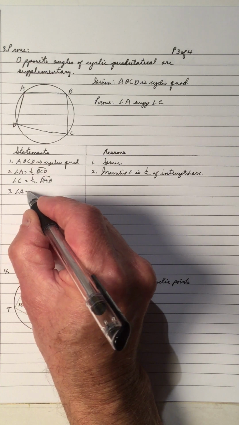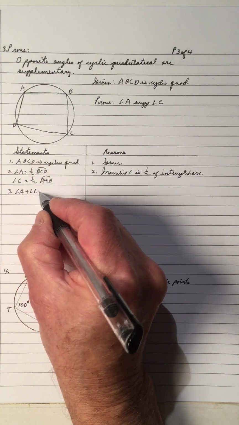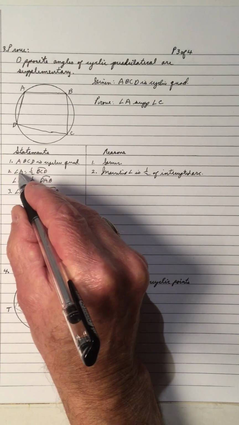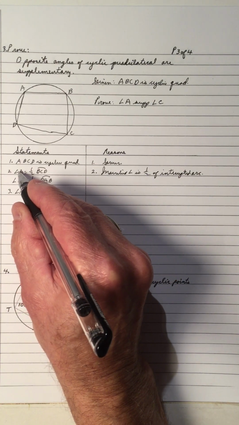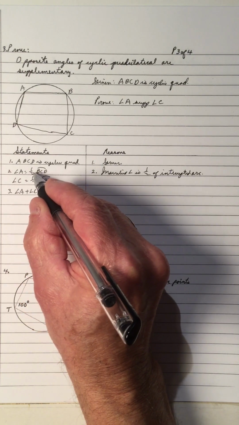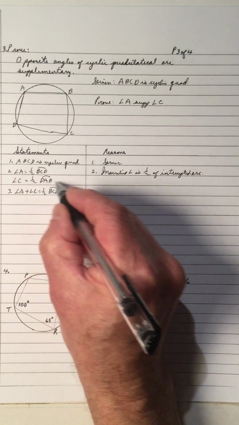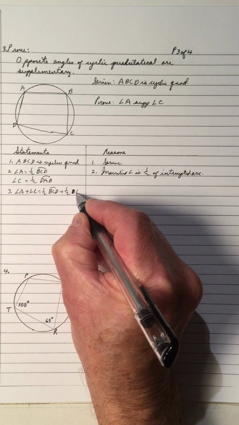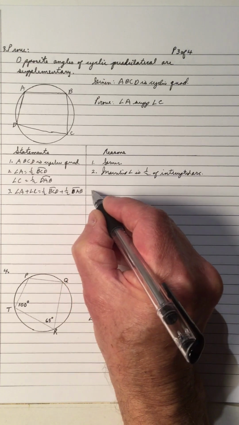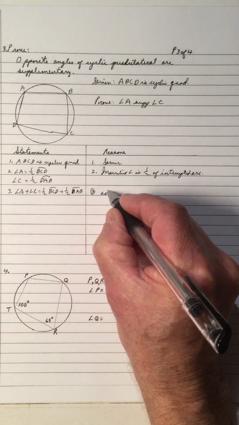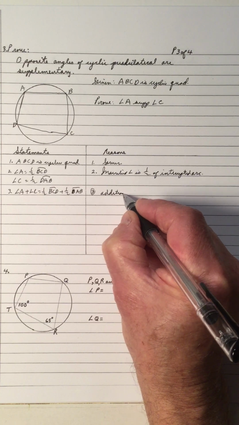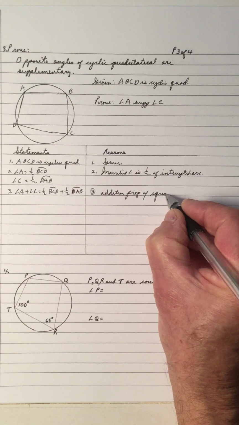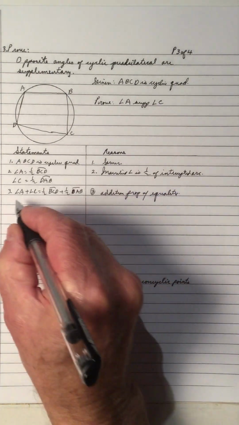So angle A plus angle C is equal to half of this arc added to half of arc DAB. And that's the addition property of equality.